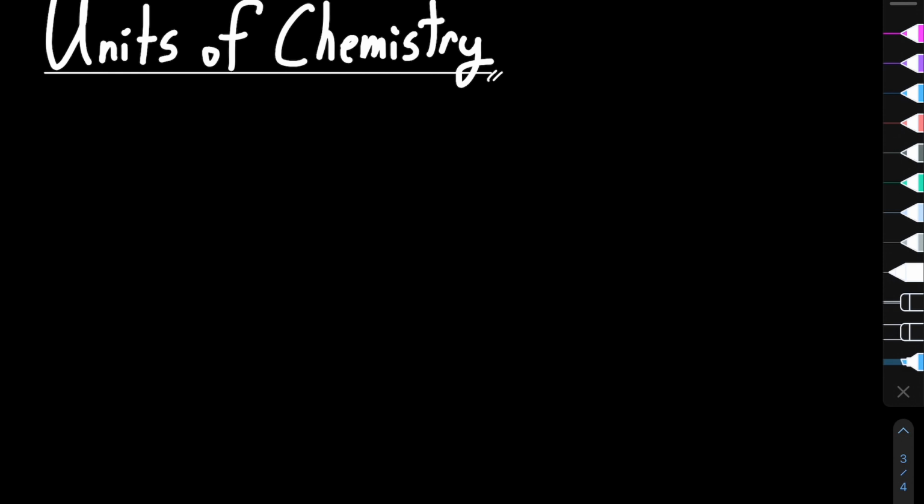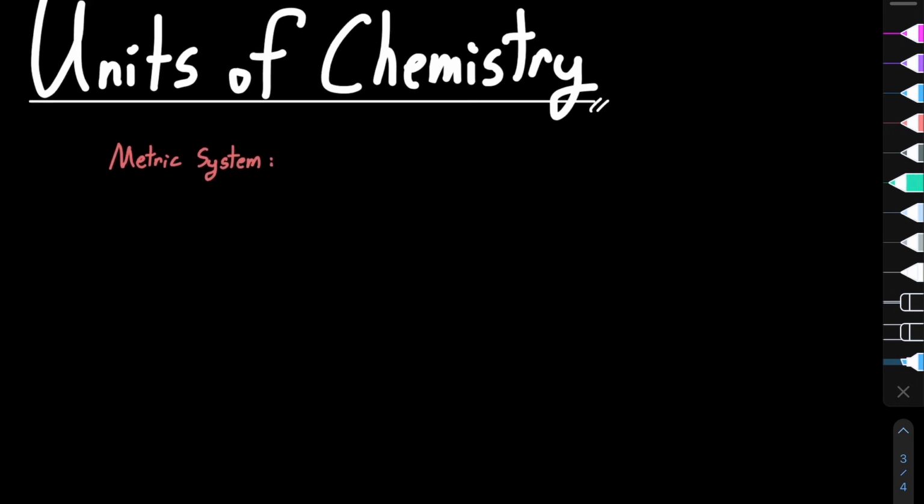And the first thing that we need to know is that these units of chemistry are basically the metric system. And you guys have probably heard what the metric system is before. And in chemistry, all scientists have agreed to use the metric system for whatever reason. And the metric system is also often referred to as the SI units.